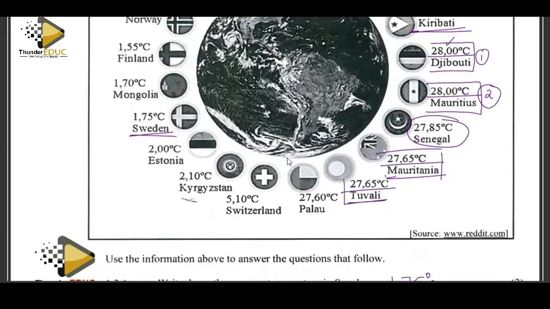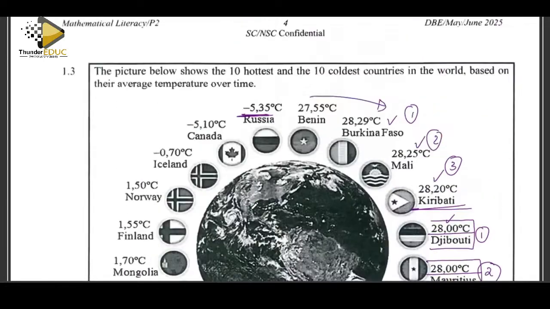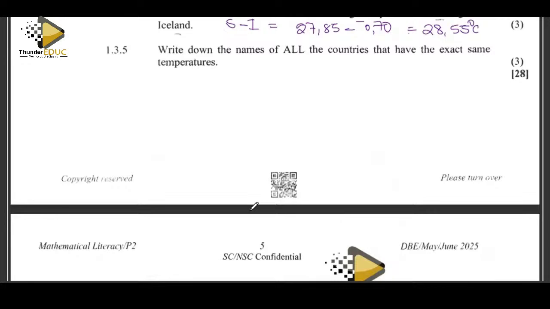They have exact temperature. So you have to write that down. We don't have any other. Let me see. 1,50. This was 2,10. Okay, then we continue.